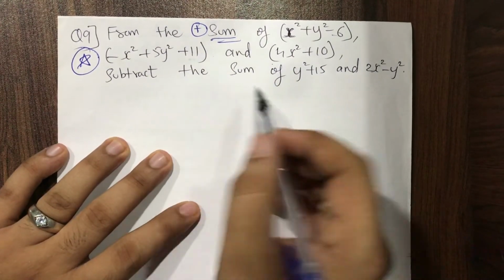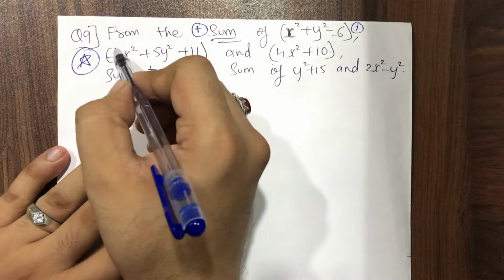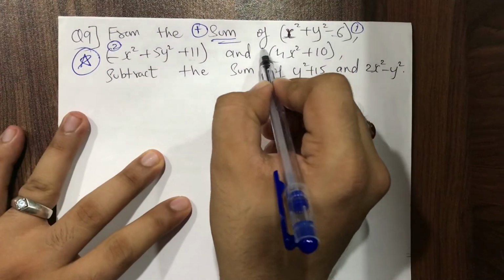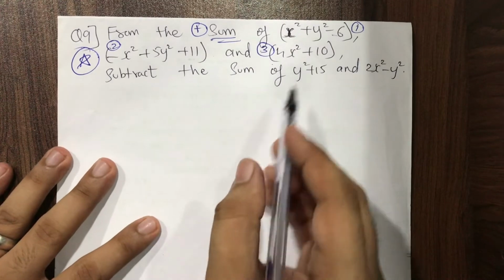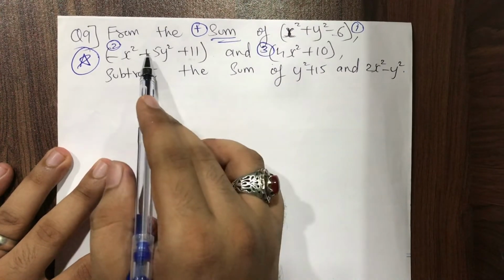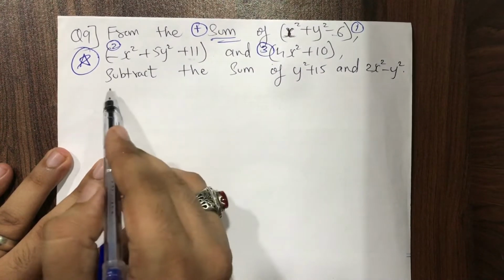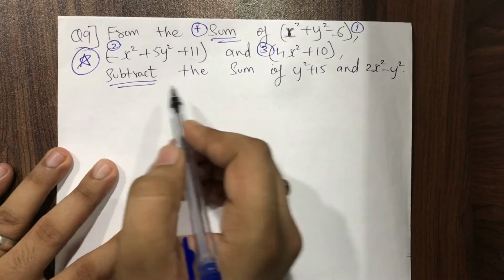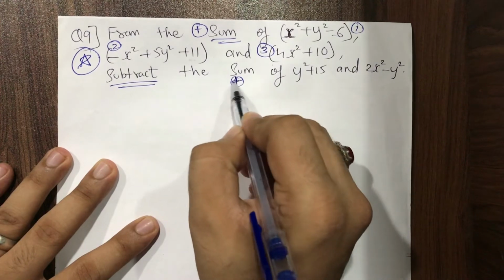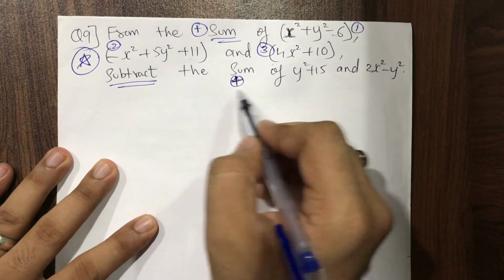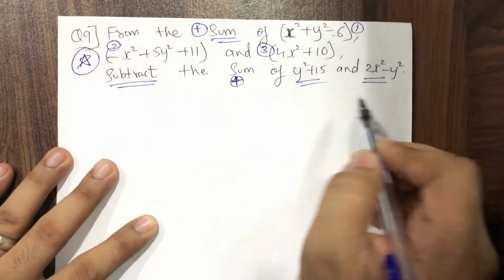So three things are given, first, second and third. From the sum of this first bracket, second bracket and the third bracket, subtract the sum, once again the addition, of these two numbers.